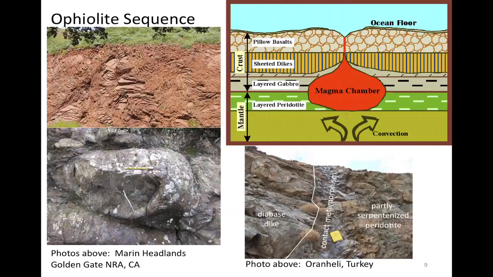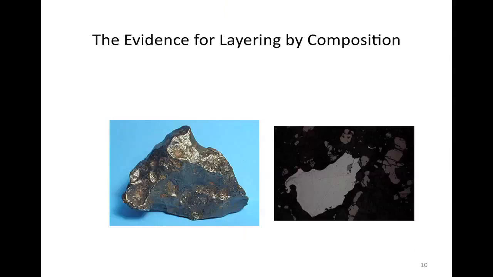So anyway, that's basically what these rocks look like, just very spectacular sequences of rocks. And one of the only places in the world that actually has this sequence of rocks is right in our backyard in the Marin Headlands. All right, let's go ahead and go to the next slide now.